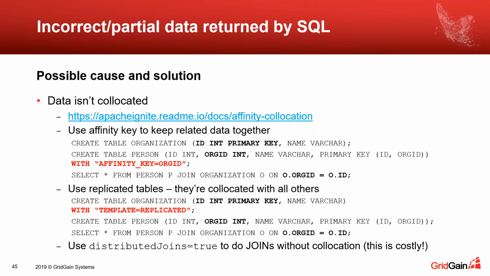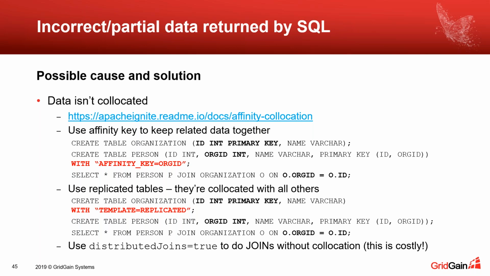Because of that, if some of your data, for example an organization and the persons who work in that organization, are not stored on the same node, then you might see that the join between these tables doesn't return all of the data.